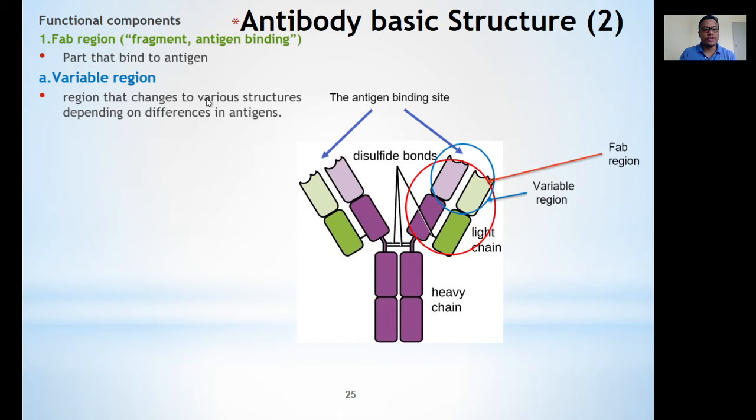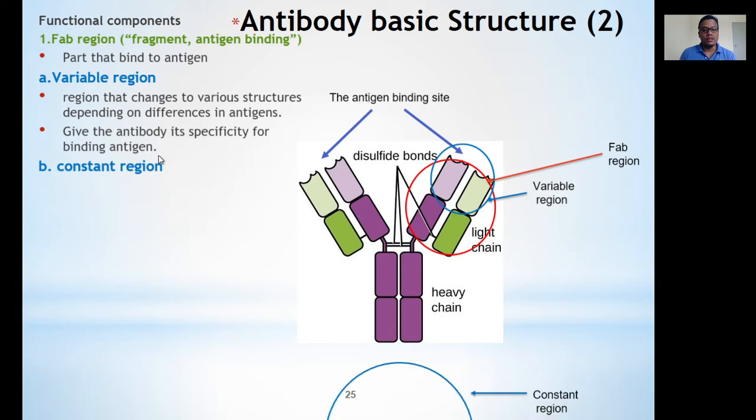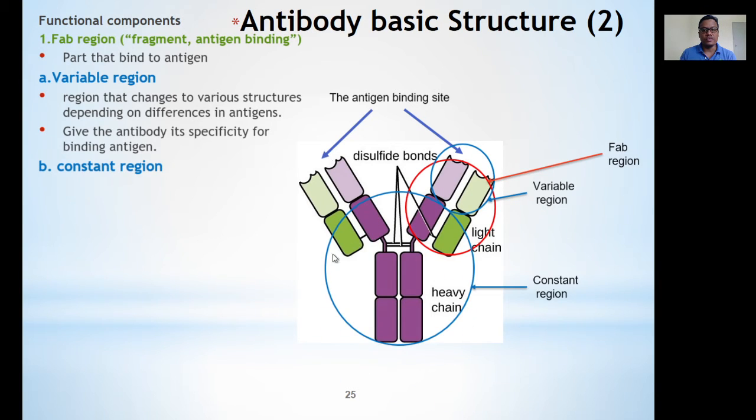The variable region changes to various structures depending on the differences in the antigens. So the variable regions are designed specifically to fit the shape of the antigens, giving the antibody its specificity for binding that antigen. They also consist of a constant region.